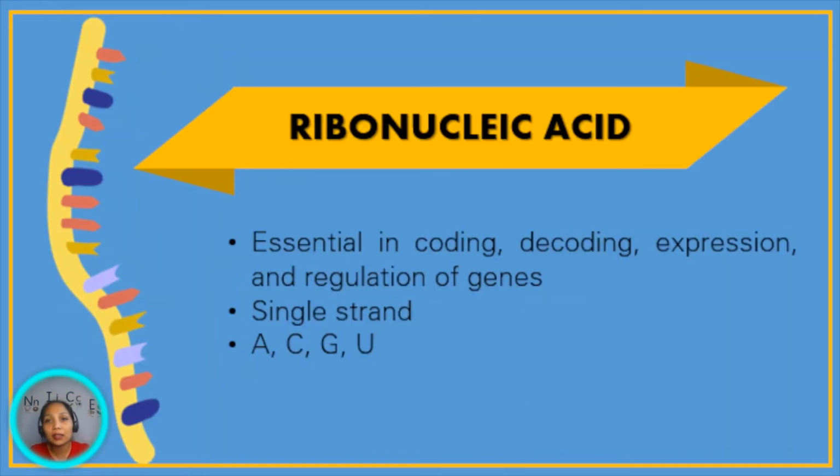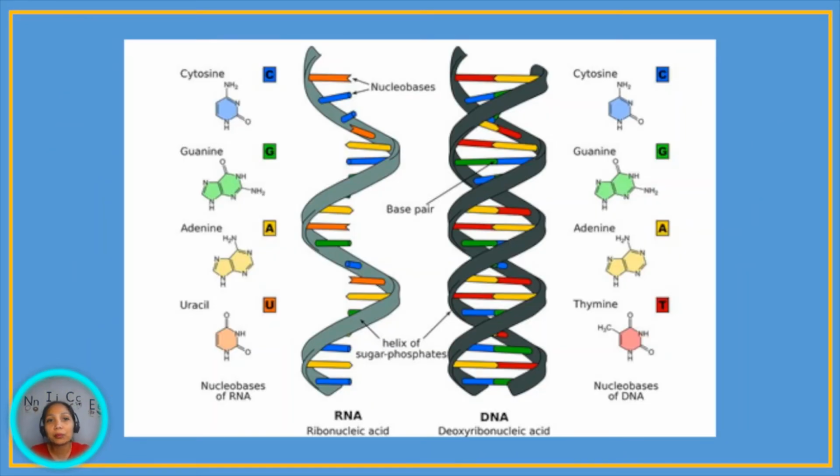Unlike the DNA, RNA is typically single-stranded. RNA is essential in coding, decoding, expression, and regulation of genes. It carries the nitrogenous bases adenine, cytosine, guanine, and uracil. DNA consists of two strands of nucleotides entwined to form a double helix shape held together by hydrogen bonds between the nitrogenous bases.